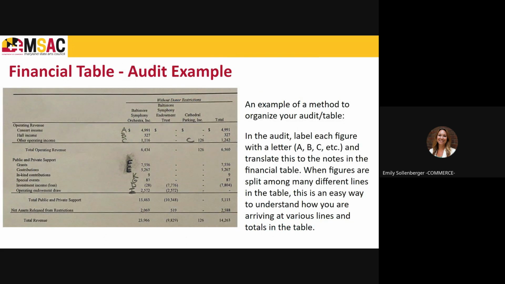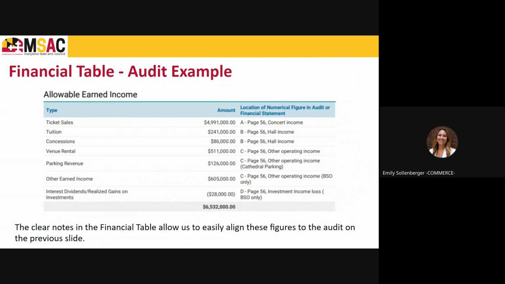Similarly, one of our grantees did a great example of this as well with their audit. It's a little bit of a larger organization, and they were able to identify their income without restrictions here and provided an ABC system for each of their categories as well. So again, it was really easy for us to correspond that particular statement with their financial table.